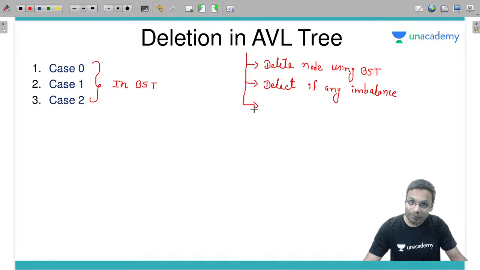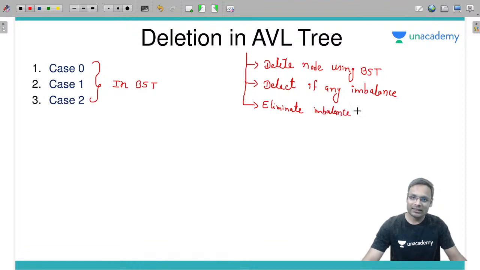And then if any imbalance is there, then eliminate that imbalance using appropriate rotation.